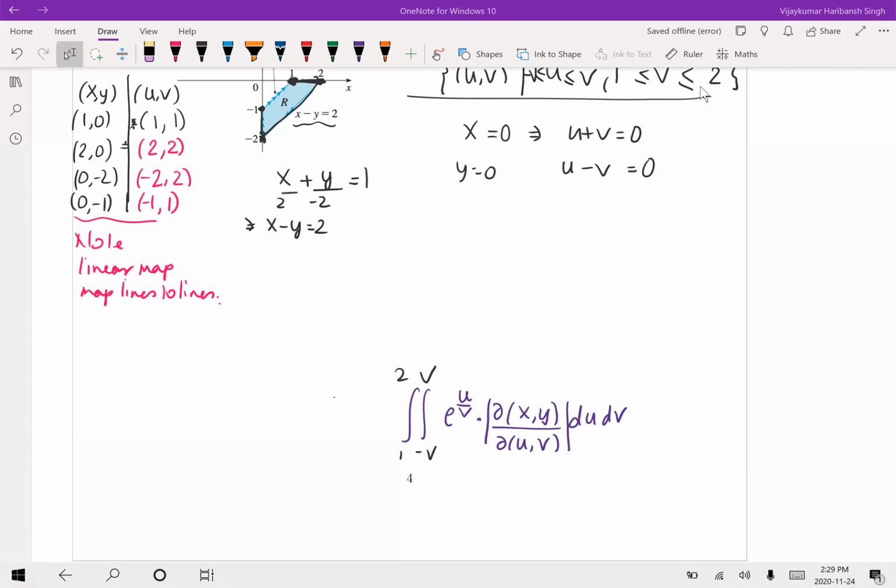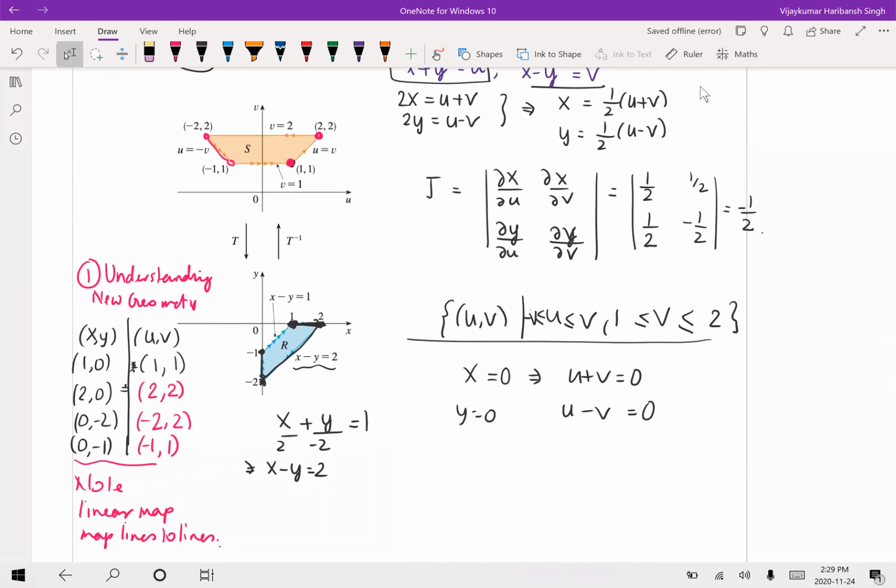So after the first step, understanding the new geometry is step 1. And we see that R is the image of S under T.